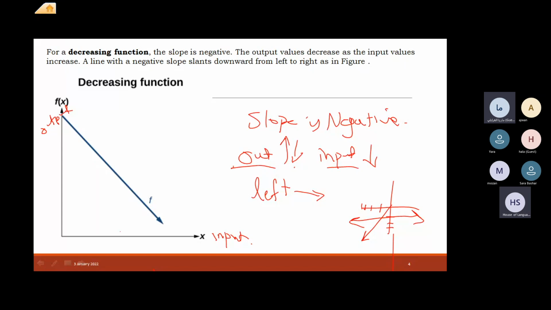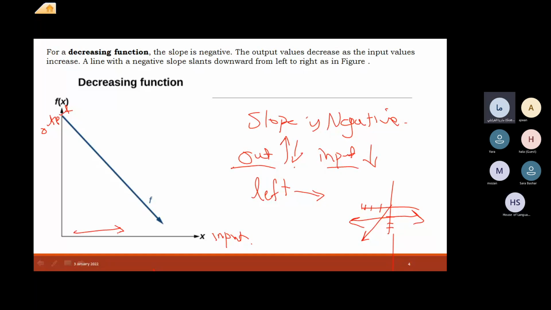Like you said, we only have left, output, and input. If we want to go to the right, where should we go? I didn't understand your question.